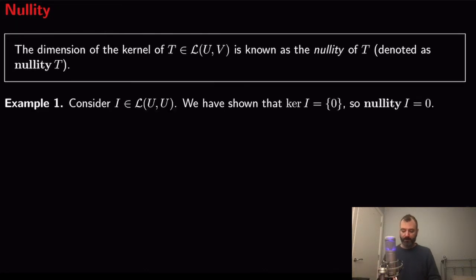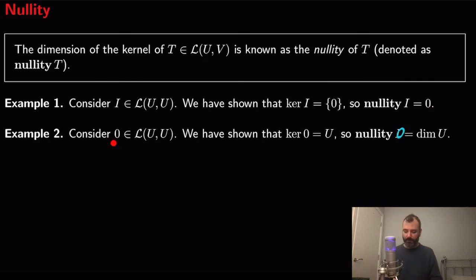A few examples. If you take the identity map from U to itself, then we have shown before that the kernel of the identity map is the set that contains just 0, which is a vector space, trivially. Therefore, the nullity of the identity is the dimension of this point, which is 0.